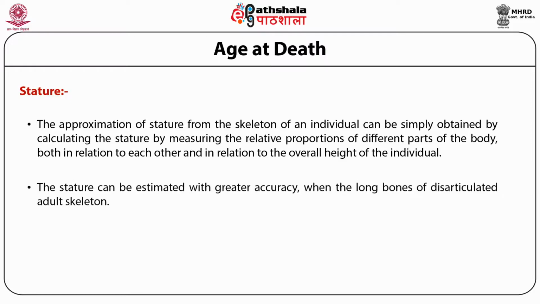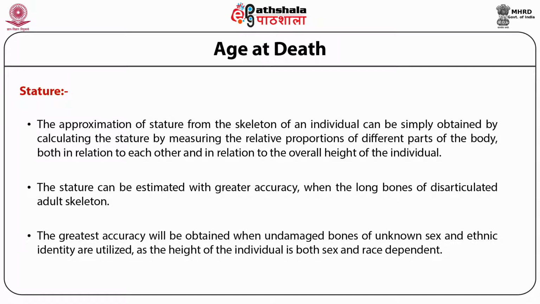The stature can be estimated with greater accuracy when the long bones of a disarticulated adult skeleton are available. The greatest accuracy will be obtained when undamaged bones of unknown sex and ethnic identity are utilized, as the height of the individual is both sex and race dependent.